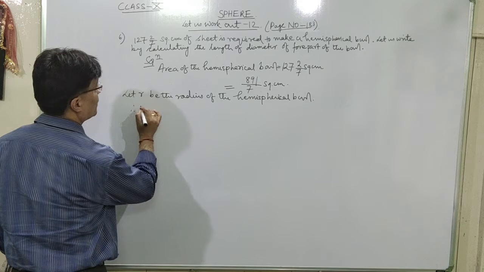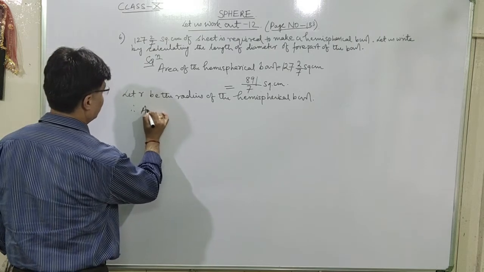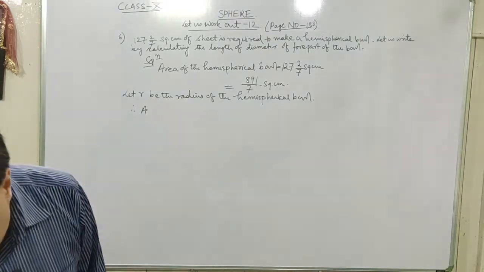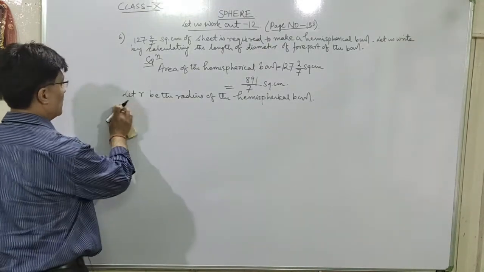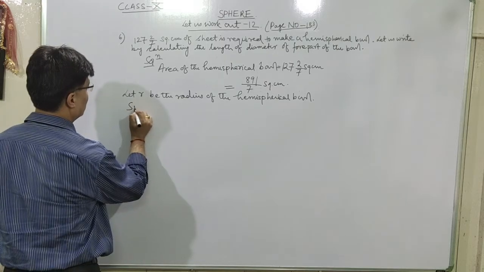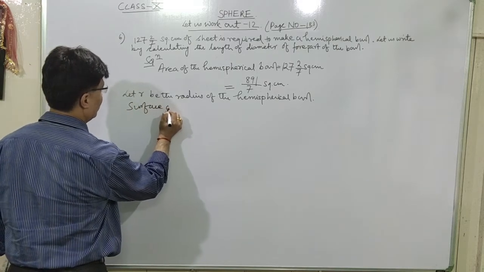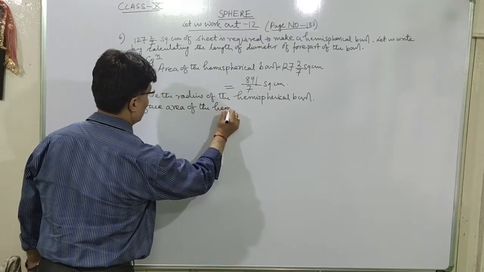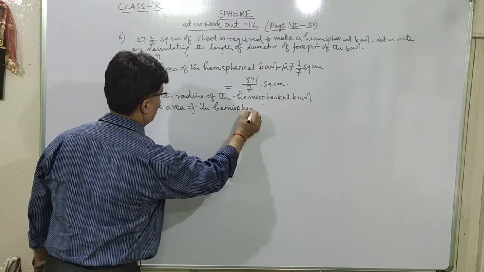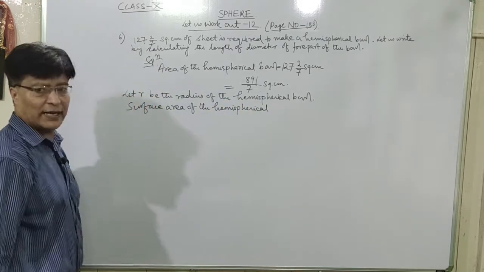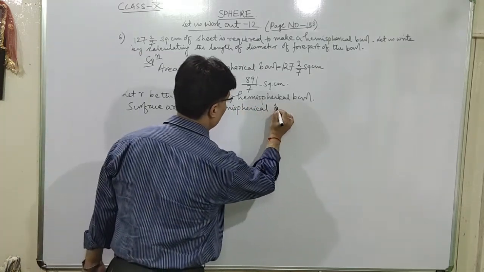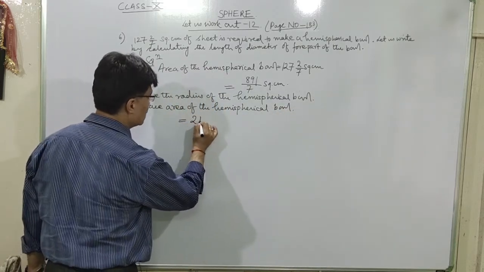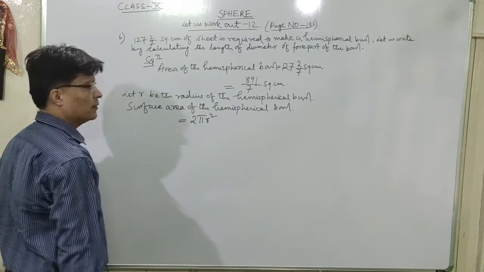So let us write down the surface area of the hemispherical bowl. Surface area of the hemispherical bowl is equal to, what is the formula? This is half of the sphere, so it is 2 pi r square.